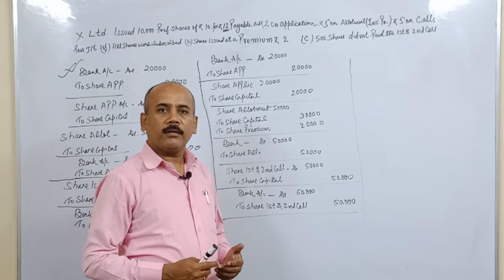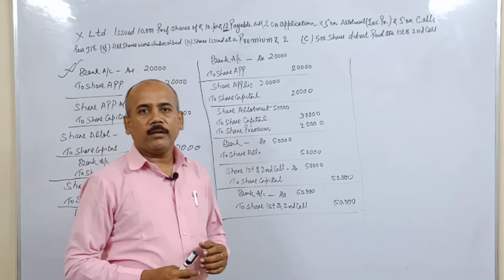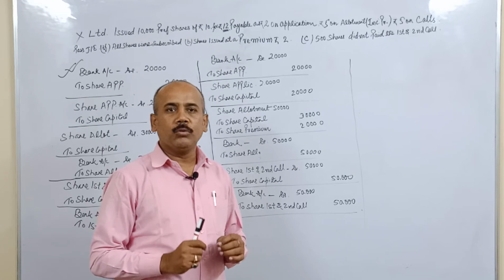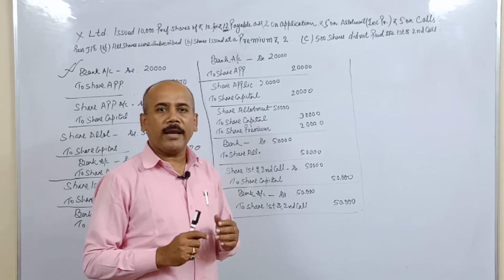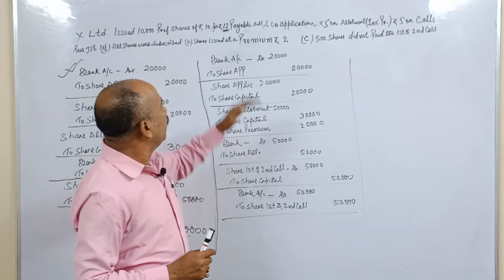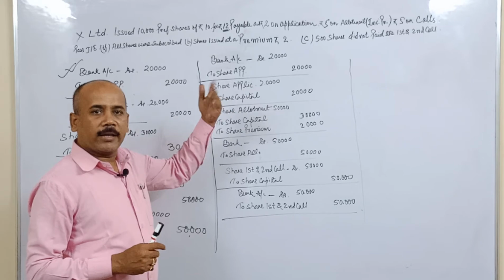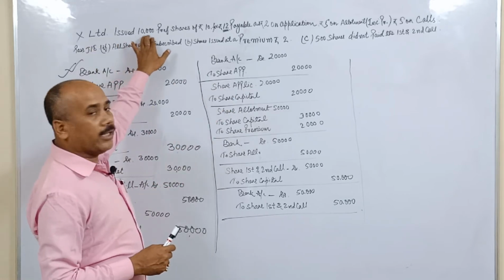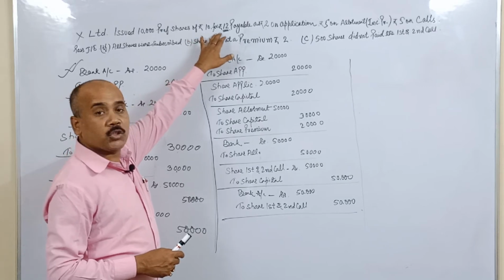Let us take another example in the same question, where a company issues shares at premium. First of all, let us read the question again. X Limited issued 10,000 preference shares of rupees 10 each for rupees 12.